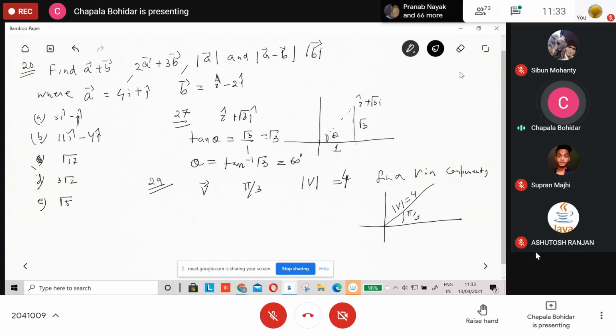So here, say it is B and A. Your vector V I can write down as A i cap plus B j cap. Whatever you choose, PQ or XY, you can choose any. So I can write down what is the value of A and what is the value of B.